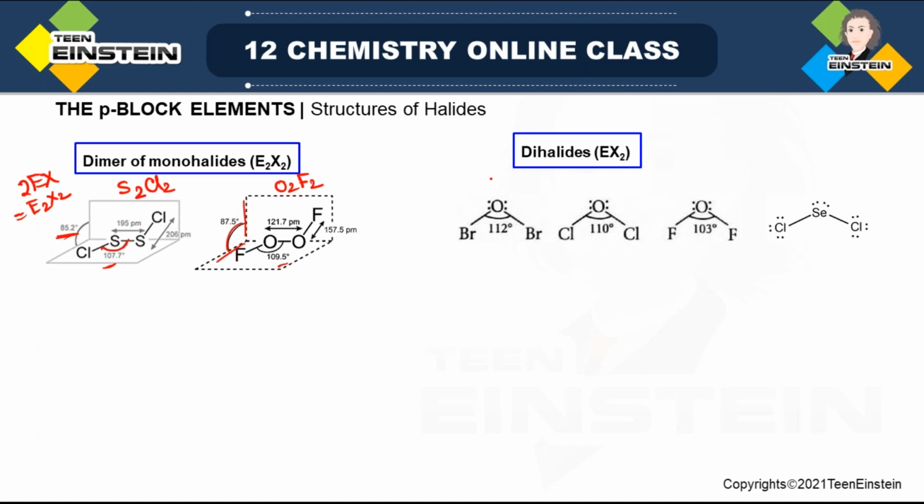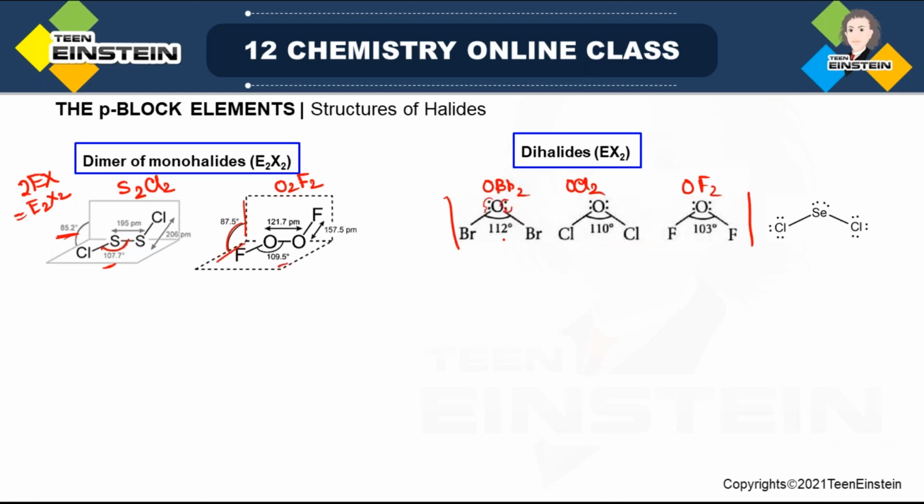Now for dihalides here we have examples OBr2, OCl2, OF2. Now just consider these 3, because here, keeping the central atom oxygen fixed, we are just changing the halides. And all these have tetrahedral geometry, which we have already seen in the previous slide, where in 2 positions there will be 2 lone pairs.